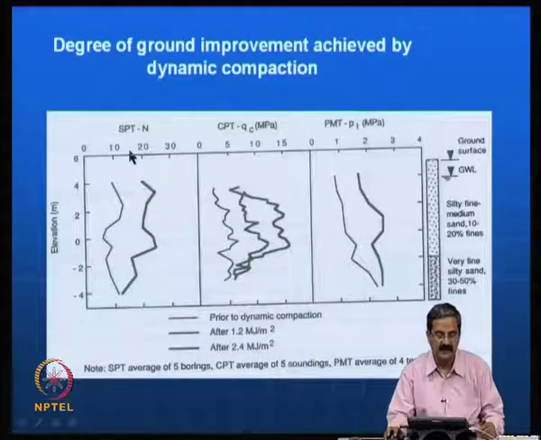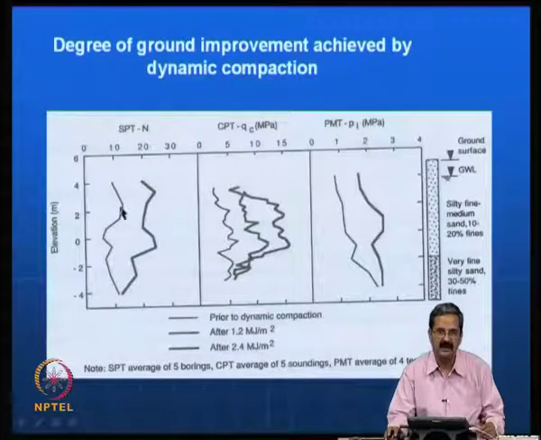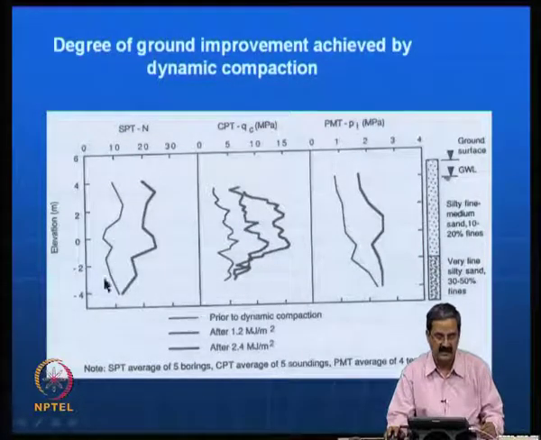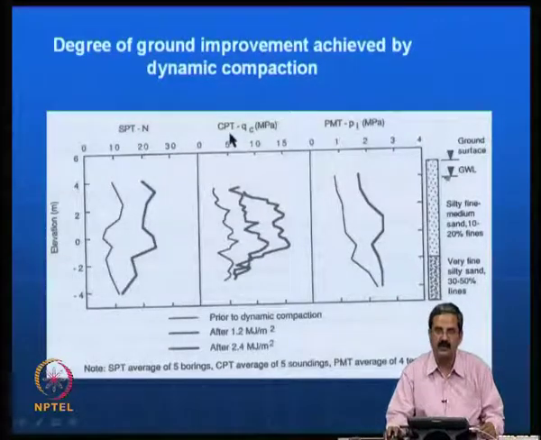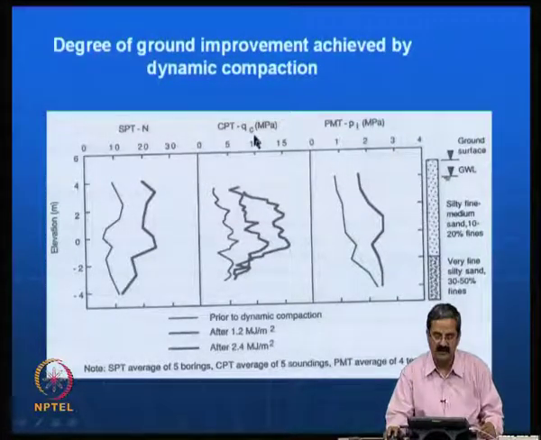You can see here that before the dynamic compaction, the SPT values are in the range of 10. Once the dynamic compaction is done, you can see that they are in the range of 20. So, there is a good difference. In the case of the CPT, cone penetration test results, the QC is somewhat in the range of 5 MPa and just increases with depth, but then the QC gets improved like this.